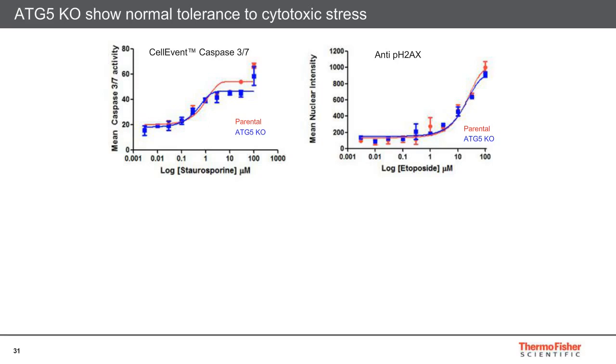With increasing concentration of staurosporine treatment, the ATG5 knockout cells are not really extra sensitive to caspase activation or apoptosis, indicating that the pathway for cytotoxic stress is not affected in this case.